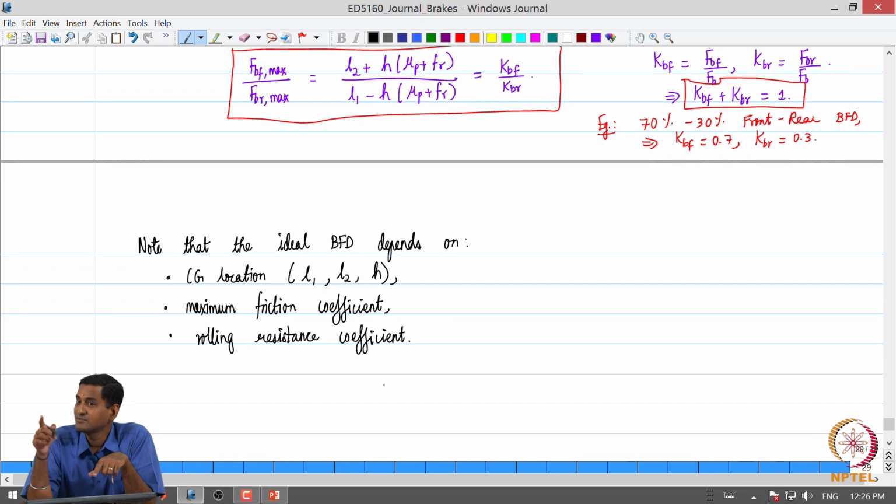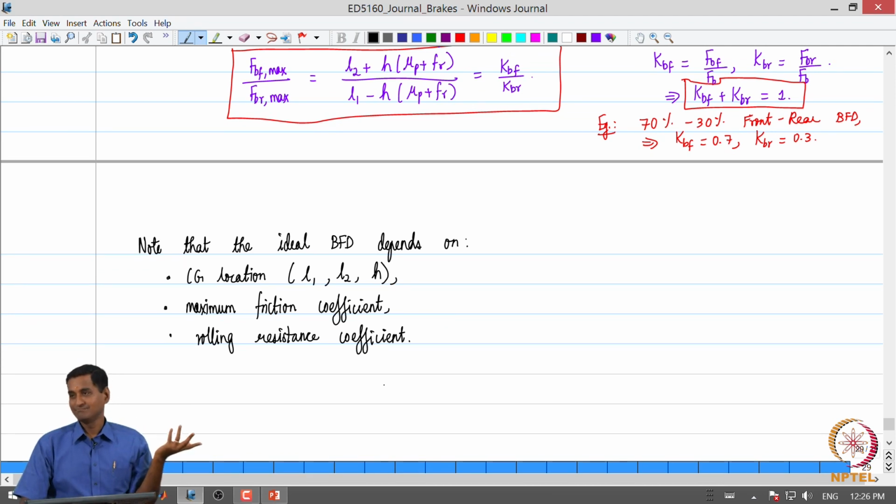Then the value of L1, L2, H will change drastically for the empty truck as opposed to the fully laden truck. So, even though mu p were the same, the KBF, KBR for the unladen truck will be different, but once again we have the same brake hardware. That is where this control of braking becomes very critical.